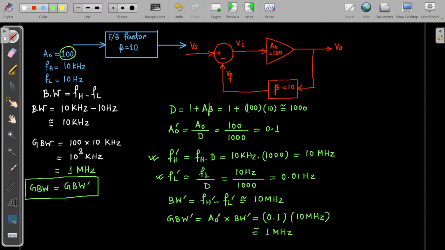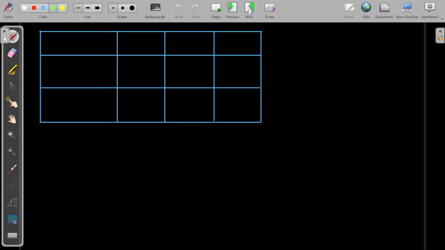Okay, so now we'll go to a very important conclusion. What is the conclusion right now? Let us see. So if we have an amplifier, I'm just making a conclusion. This column is named as amplifier.